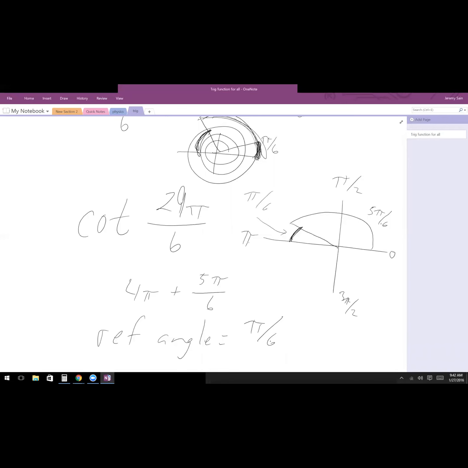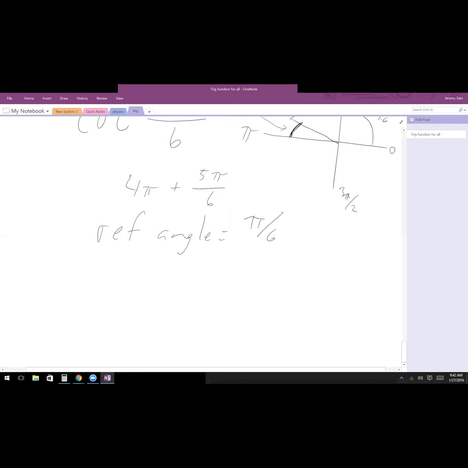When we do cotangent, we're getting a negative because slope is negative. But as far as the reference angle itself, we just say pi over 6. So is everybody happy with how we got pi over 6? Angel didn't seem to be happy for a second. You got it? Okay.